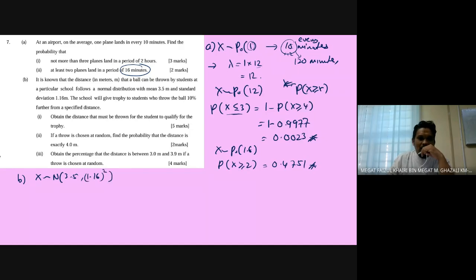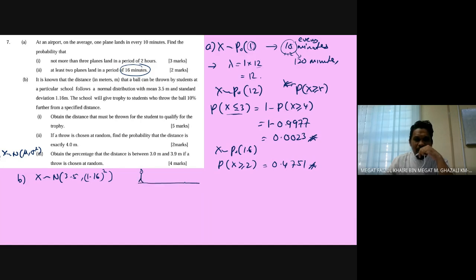As we know, the parameters for a normal distribution are the mean and the variance, so given here is the standard deviation, 1.16 squared. The school will give a trophy to students who throw the ball 10% further than a specific distance. Just imagine that this is a boy.